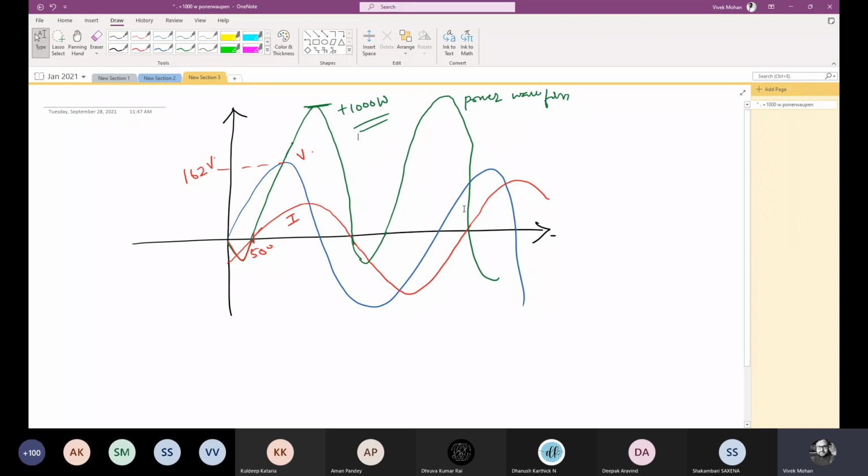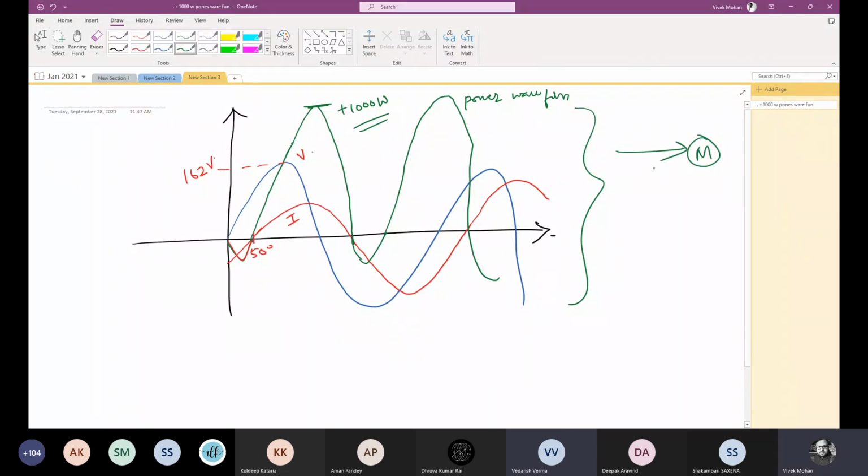What does this mean? Sir, the phase difference between voltage and current would be positive or negative. That is one thing, but what about the power flow? Sir, when power is positive, the power is flowing into the motor, and when power is negative, power is derived from the motor.